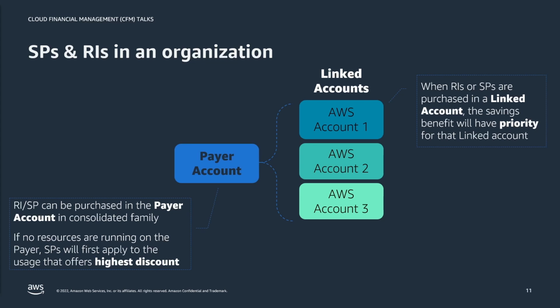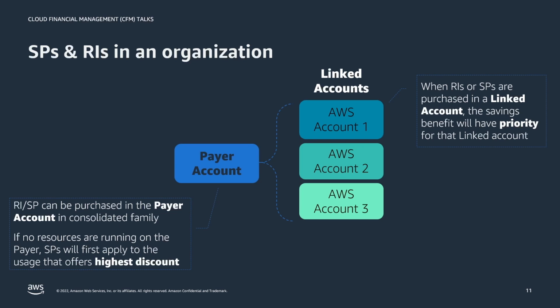All right. So before we get into the run through of where you can buy these products, I want to make sure that we all understand why we're talking about that. The reason there are different purchase strategies, with different pros and cons throughout your organization, is due to the way that these products apply. To put this in very simple terms, RIs and savings plans always have affinity for the account that they live in.